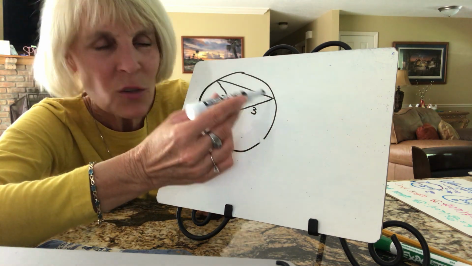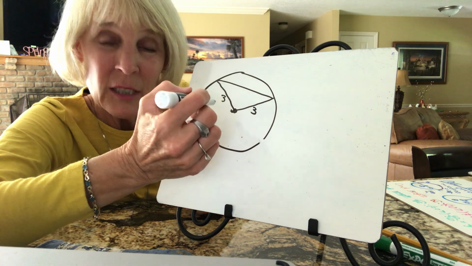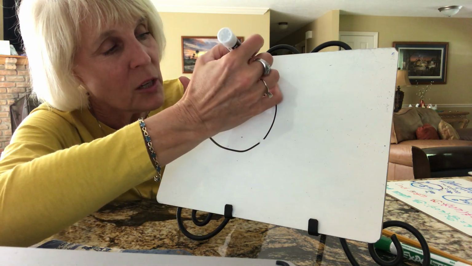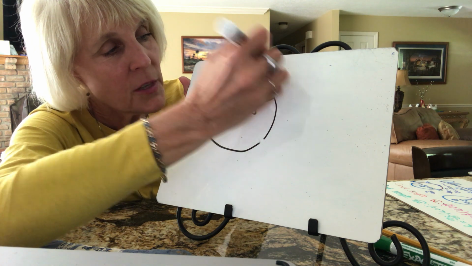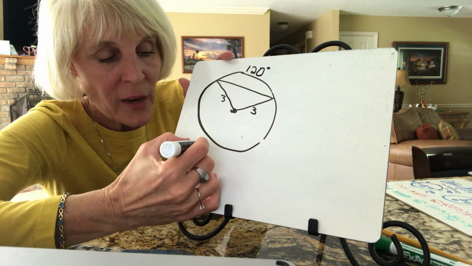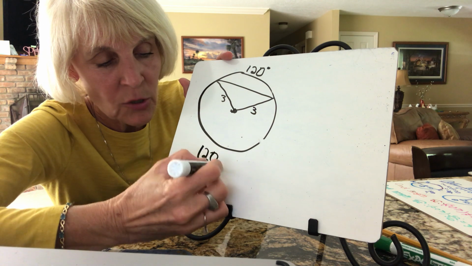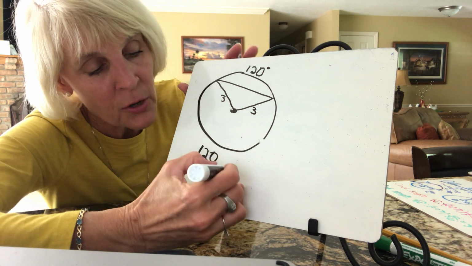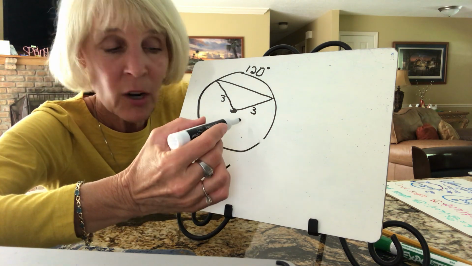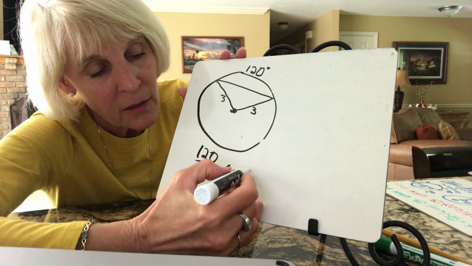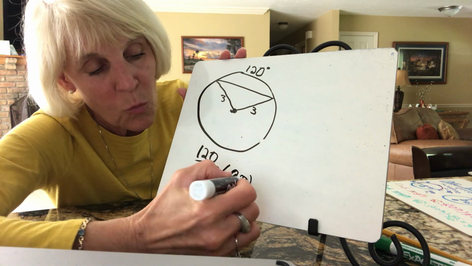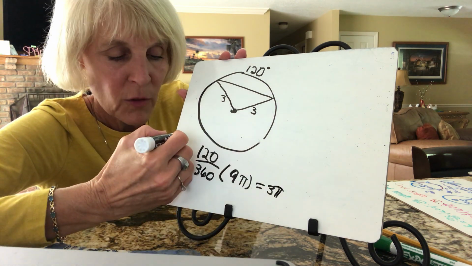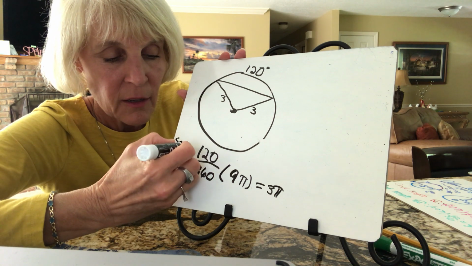Could I say this is 3 inches also? Well, I could definitely do the sector area, because if this is 120 degrees, I could say the part is 120 degrees out of 360 degrees, or 1/3 of pi r squared, 9 pi. So 1/3 of 9 pi, 3 pi for the sector area.